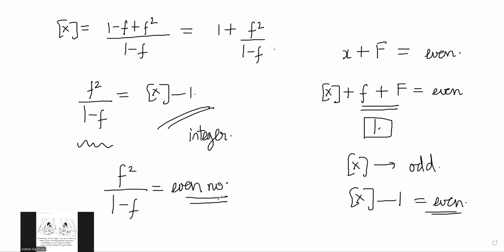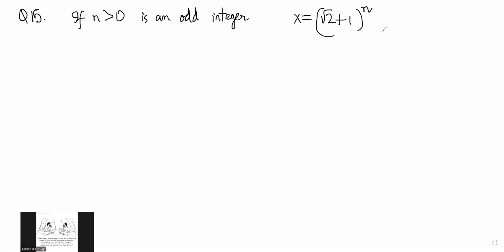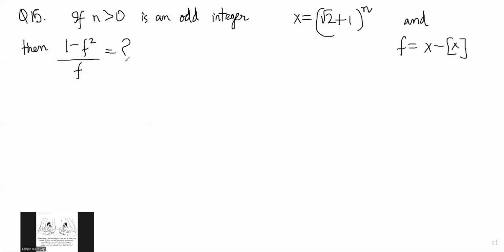We'll look at one more problem of this kind, and let's do that also to just reinforce the ideas that we have seen. So question number 15: if n greater than 0 is an odd integer, and x is equal to root 2 plus 1 power n, and f is equal to x minus gif of x, then we have to figure out what is 1 minus f squared by f, right?